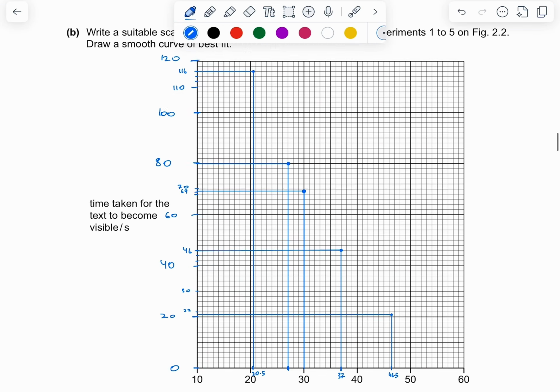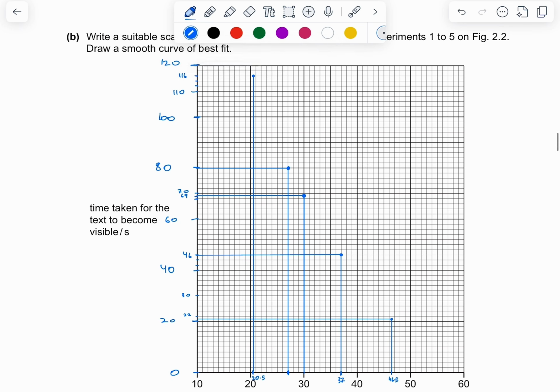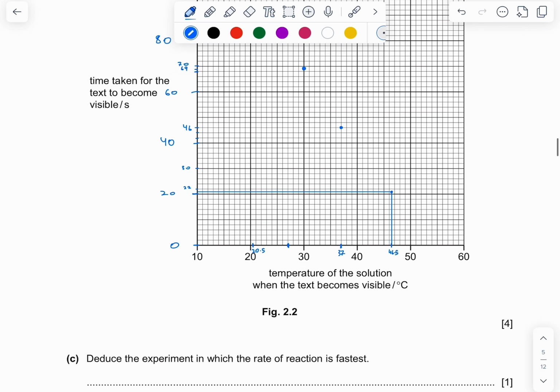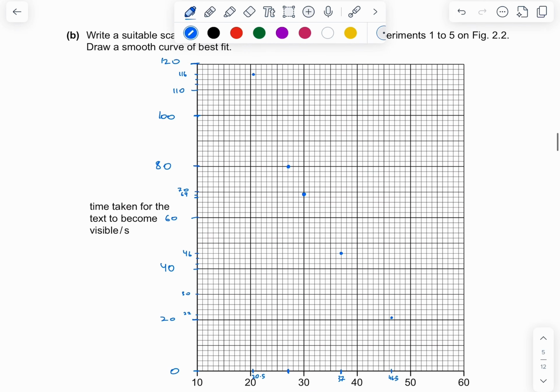Alright, and then they've asked us to draw a smooth curve of best fit. So to draw a smooth curve of best fit, you can just remove all these lines. I mean, in exam you don't have to draw these lines. I drew these lines because I did not have a ruler, so I was just drawing these lines to keep going straight. Now these are your points, and you want to draw a curve of best fit.